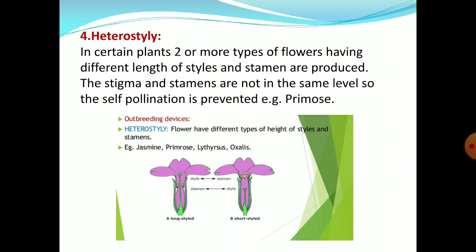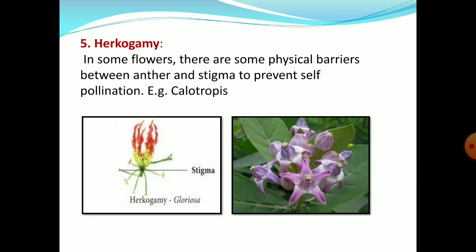Example, primrose. Another outbreeding device is herkogamy. In some flowers like Gloriosa and Calotropis, there are some physical barriers between male and female parts, that is anther and stigma, and this prevents self-pollination and promotes cross-pollination.